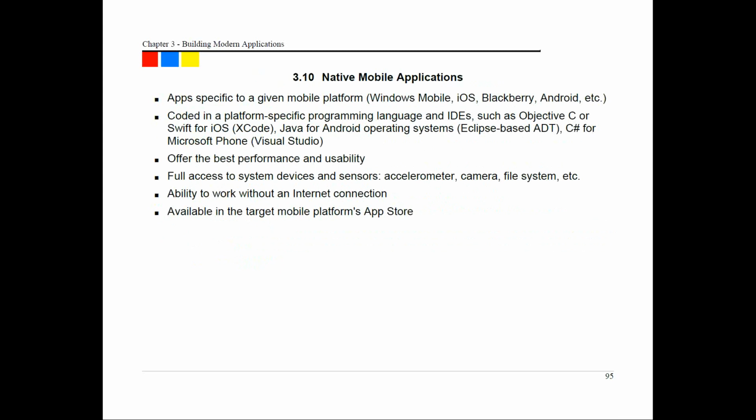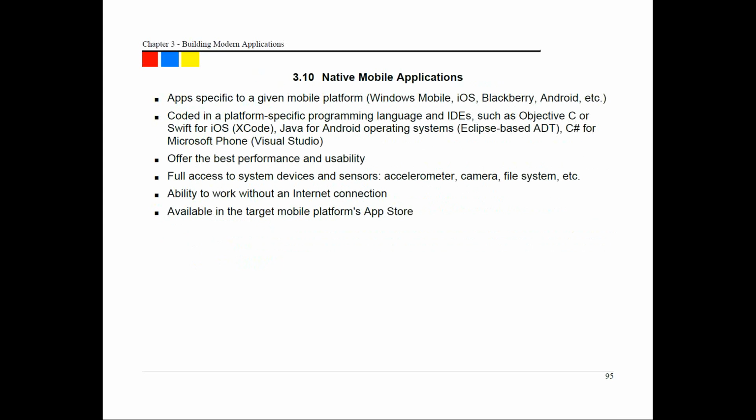So native mobile apps are specific to a given platform, whether that's Windows Mobile or iOS or Android or whatever, coded in the platform-specific programming language. And that will often be the best performance and usability. Having said that, most applications don't really see that much performance difference unless you're doing something that is particularly processor intensive.